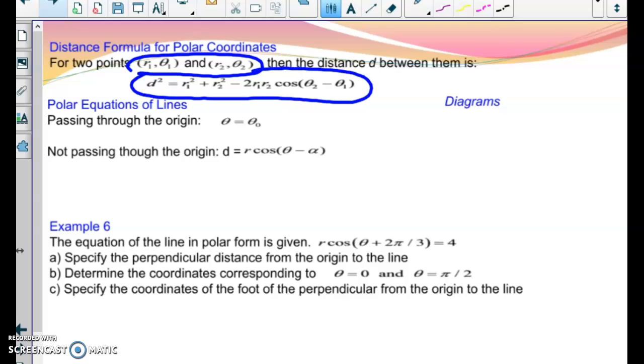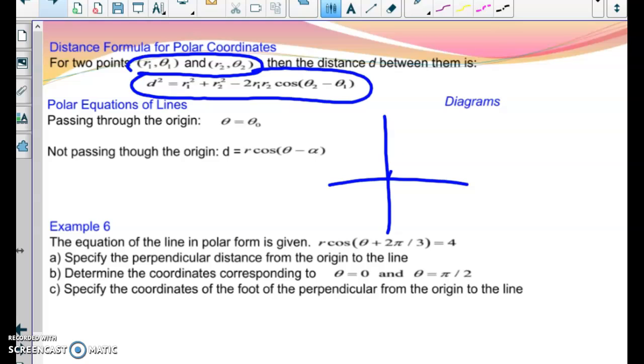Something to think about. Might want to write that one down. So if it passes through the origin, your angle is theta sub 0. So let's just make up a couple points here and find the distance.